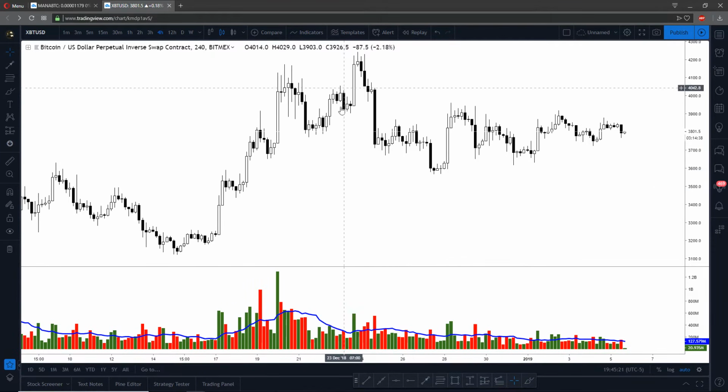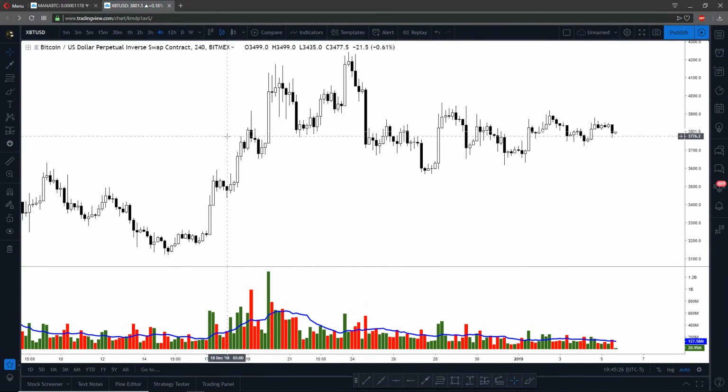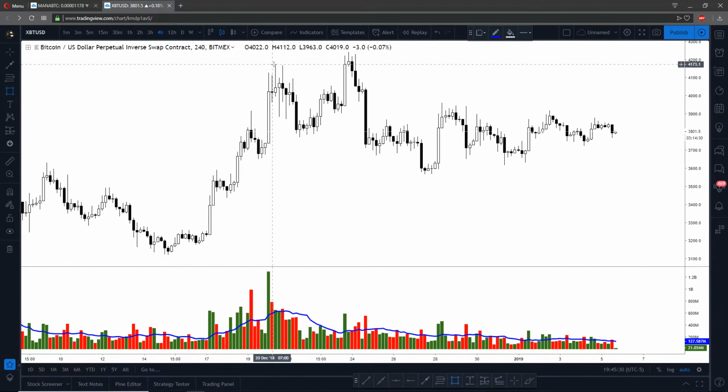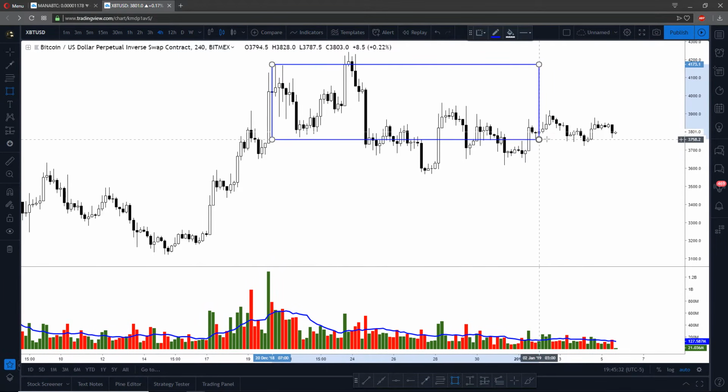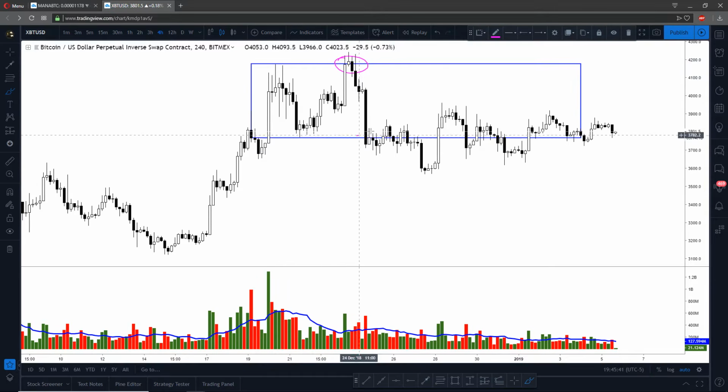Same exact thing for highs though. But it's inverse, obviously. So you're looking for high, low. You're looking for either a retest of the highs or a break of the lows.